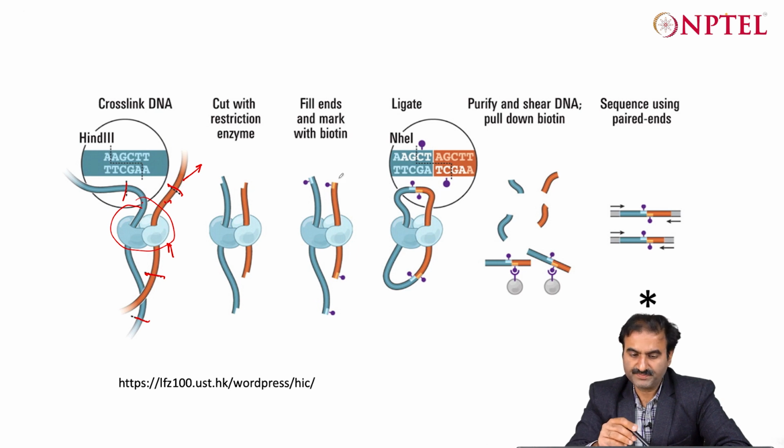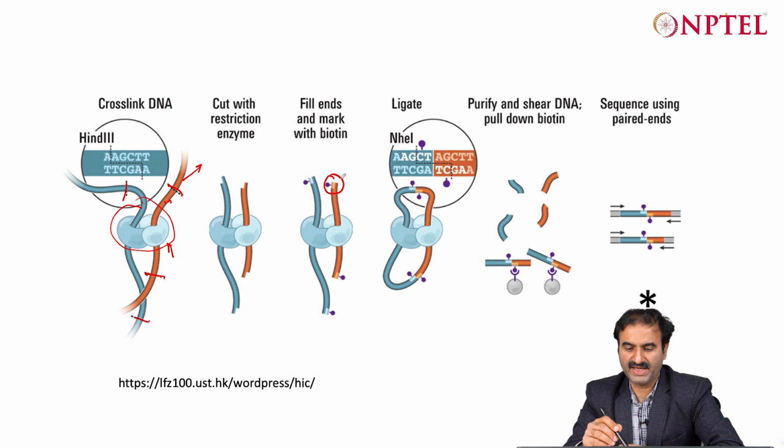Now you will fill the ends and mark with biotin. There could be blunt ends or sticky ends also, you could make them even, and mark that with biotin. Now you will ligate these ends together, make them sticky and connect together, and in this way you can see here.